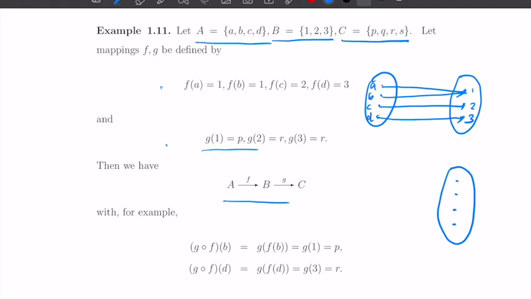And 1 goes to P, 2 goes to R, and 3 goes to R.